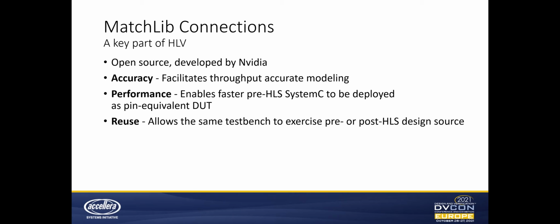Matchlib also enables us to define a pre-HLS design model that is pin-for-pin identical compared to the RTL. And with this pin compatibility, we can take the exact same test bench environment and apply it to both the pre-HLS source as well as the post-HLS RTL. This enables us to use the same test bench environment and flow regardless of what level of abstraction defines our DUT.